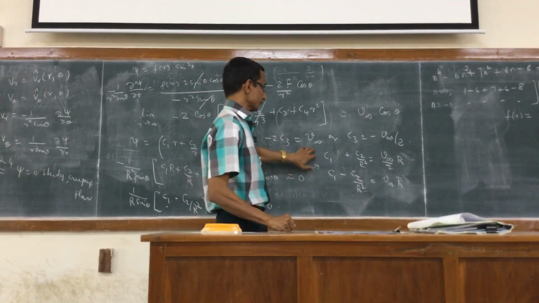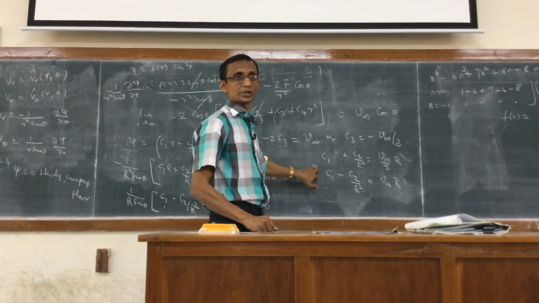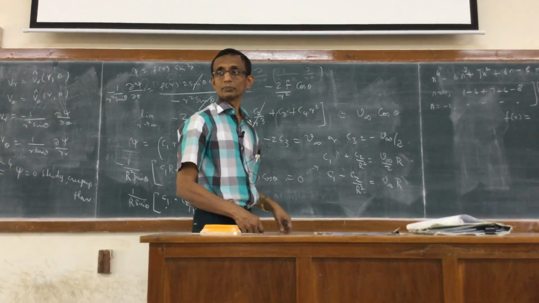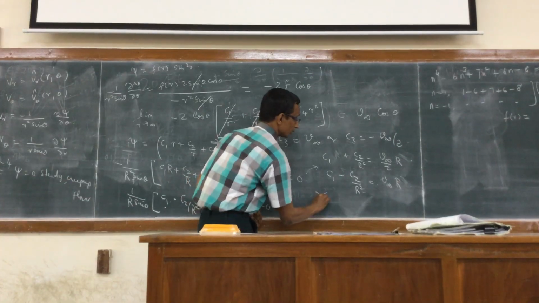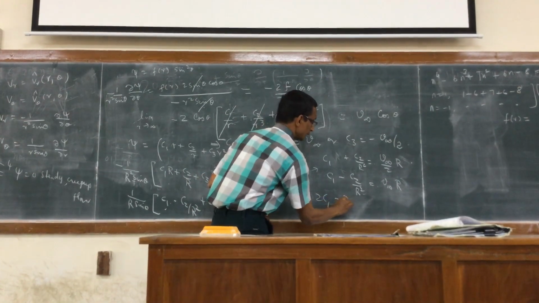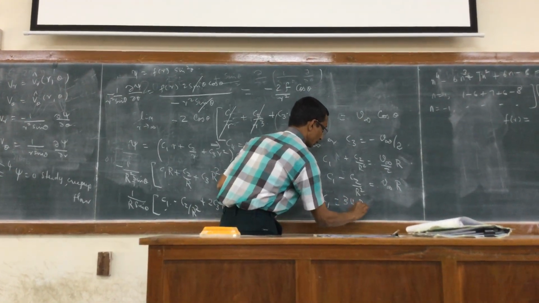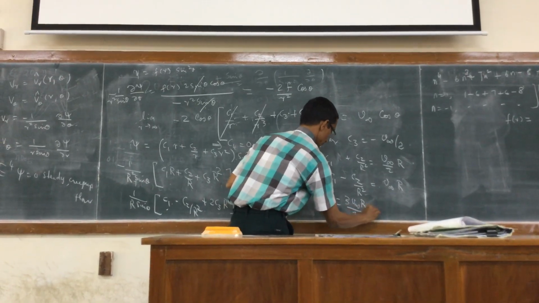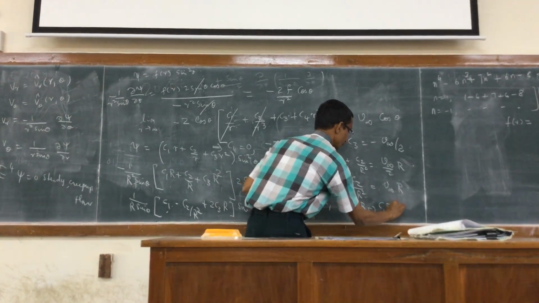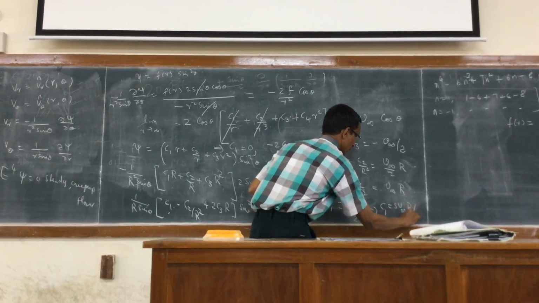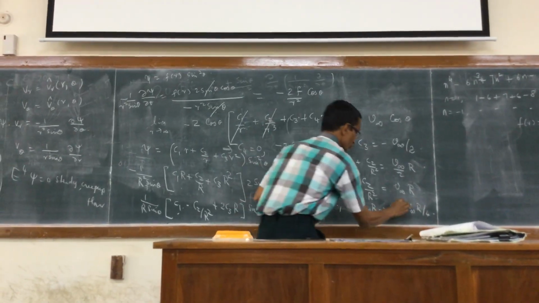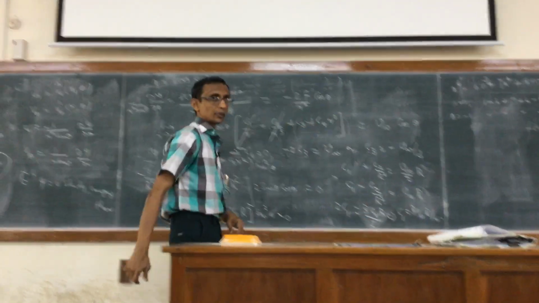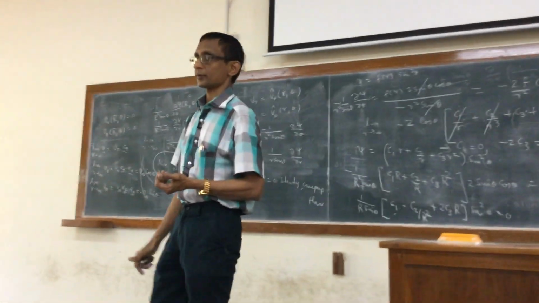So right away I can simply add the two equations and get C1, right? So 2 C1 would be 3 B infinity R by 2, which implies that C1 is 3 B infinity R by 4. So I have determined the third of the four constants.